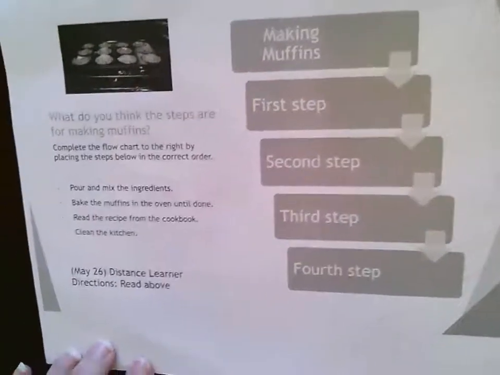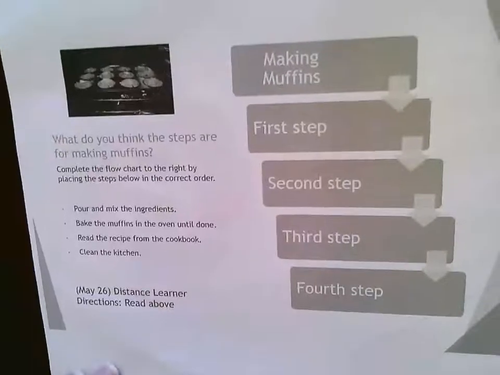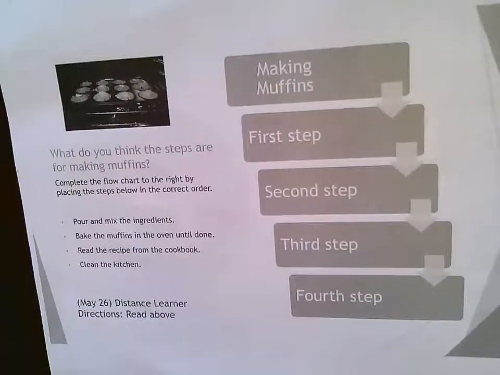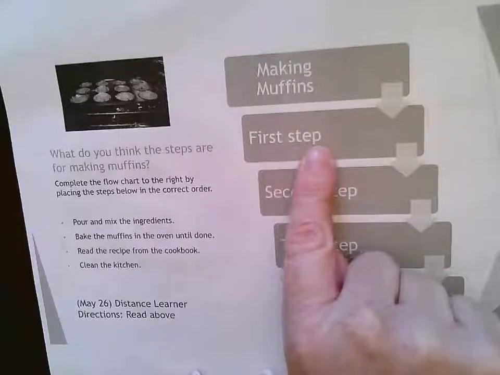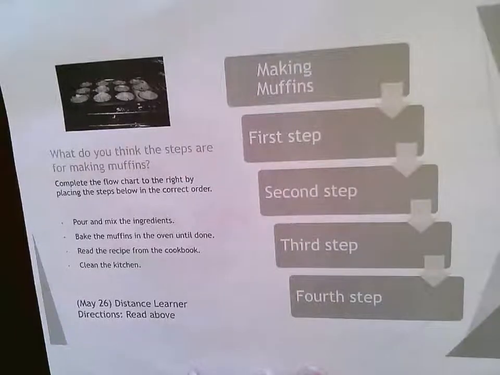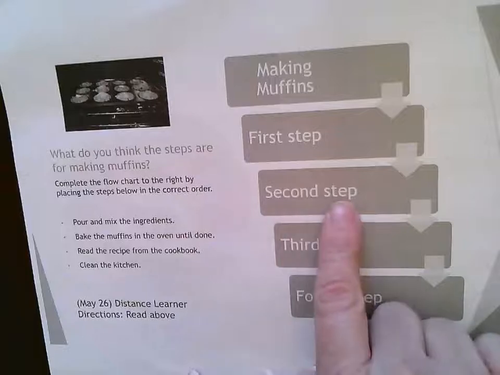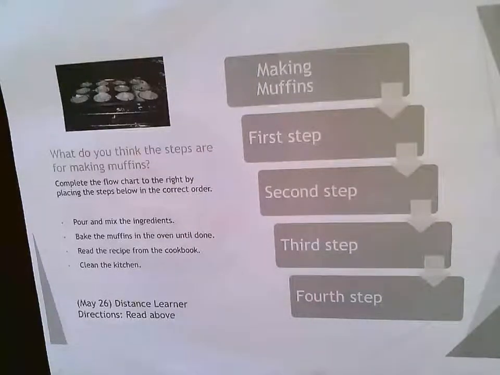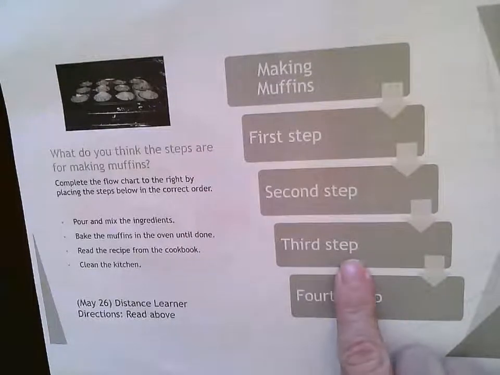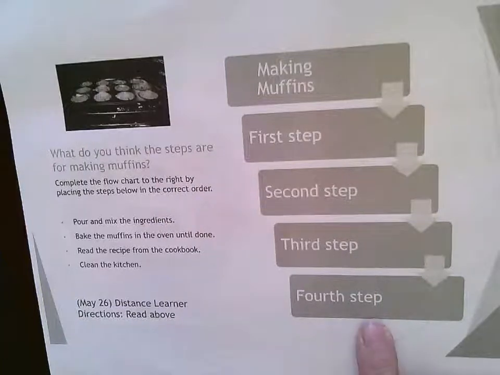So if we think about making muffins as an example for our topic, what do you think the steps are for making muffins? We have this, called a flow chart. The title is Making Muffins. So we've got first step, I'm not sure what that is yet. Second step, I guess we'll figure it out. Third step, and fourth step, okay?